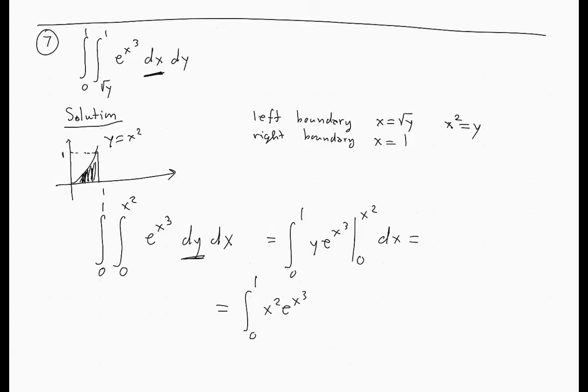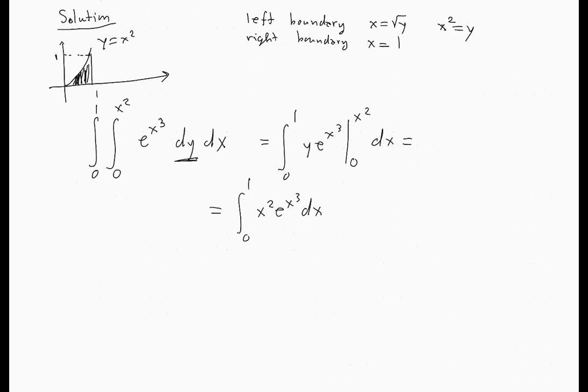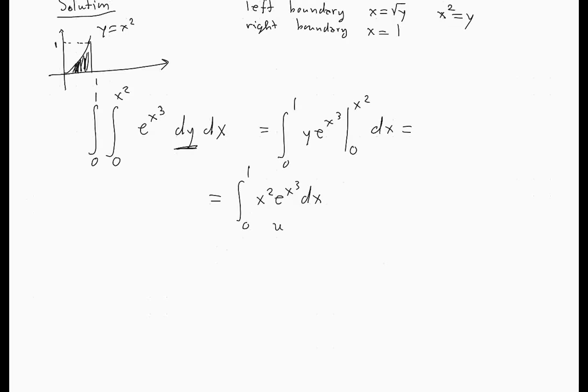So we have u equals x cubed, and du equals 3x squared dx, and x squared dx is the same thing as 1/3 du, and this is going to be 1/3 the integral of e to the u du.